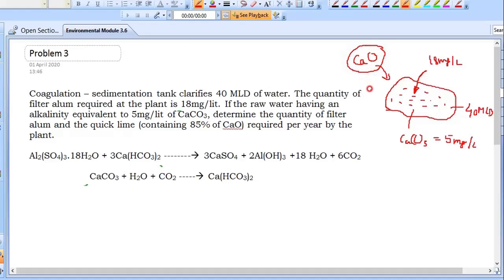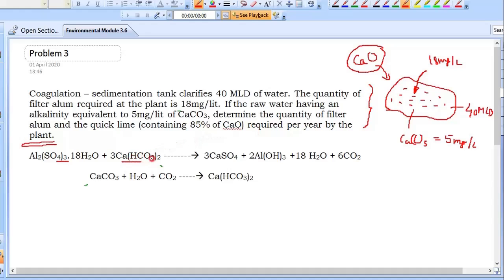Okay, first we need to understand the chemical reaction. When we add alum, what happens? Again the chemical reactions they don't give. Alum here it is, and it will react with the calcium bicarbonate. Is there any calcium bicarbonate information given in this problem? No. Whether calcium bicarbonate is there or not, we don't have any information.